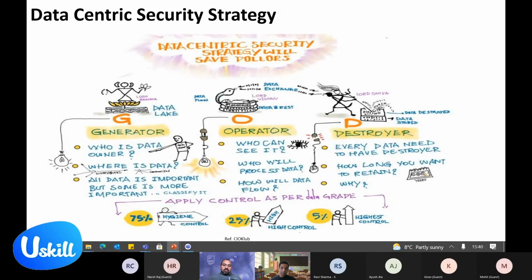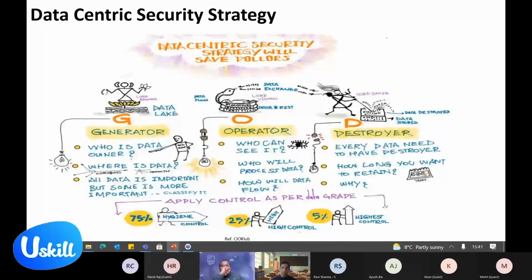This is the whole phase, and of course, as I have discussed, in all the phases, the moment data is generated, the owner should define who should see this data, what kind of access control should be there, whether someone can just read the data or read and write the data, and whether the data needs any kind of encryption or not.